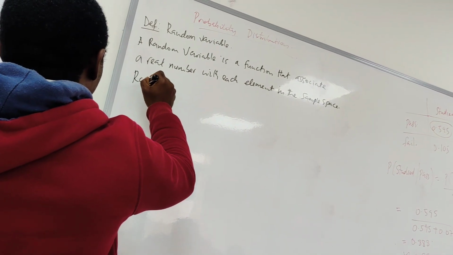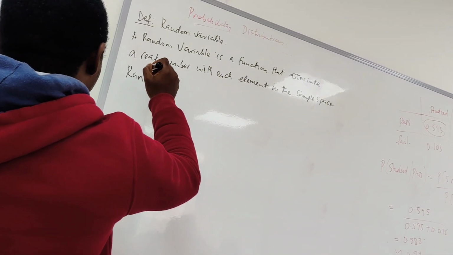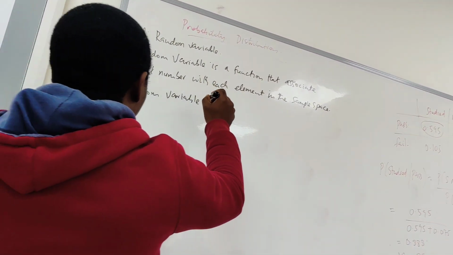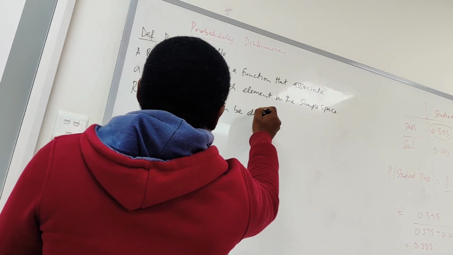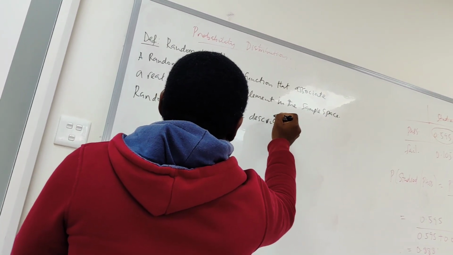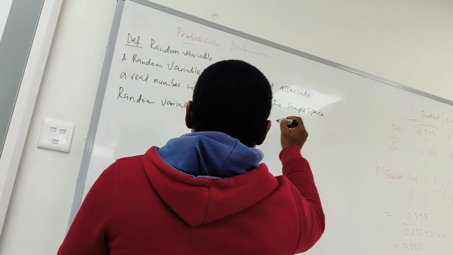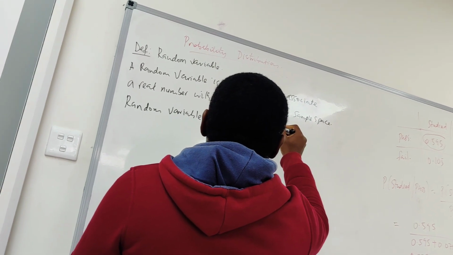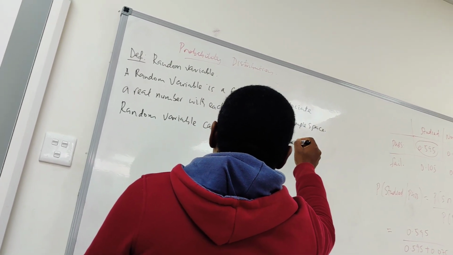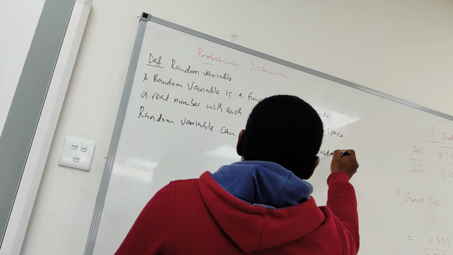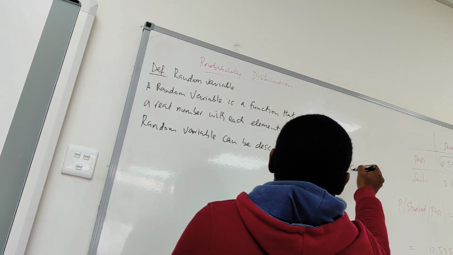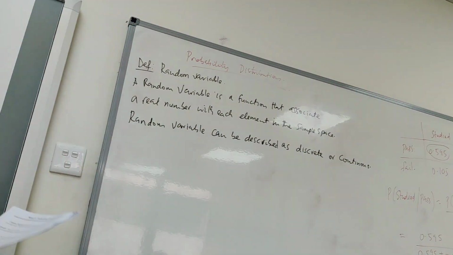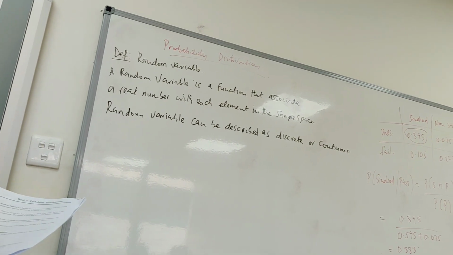A random variable can be described as discrete or continuous. So a random variable can either be discrete or continuous.